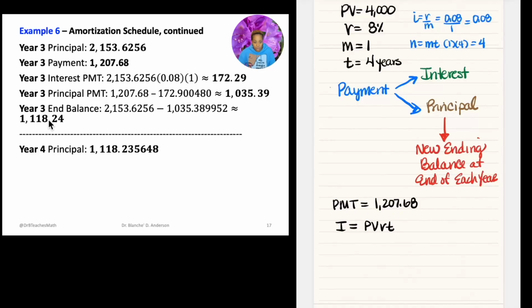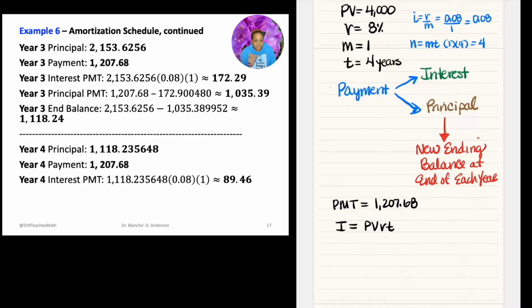So on year 4, I'm keeping all the decimal places, okay, just so that I limit my rounding errors. This was my principal. My payment is more than what I owe, but I still got to make the payment because that's what my loan said. That's the payment I have to make, and then I still have to pay them the interest. So take the principal times 0.08, and this is how much they get in interest.